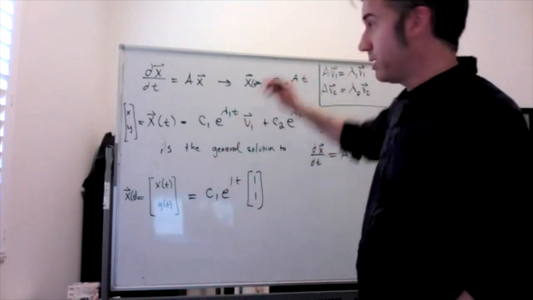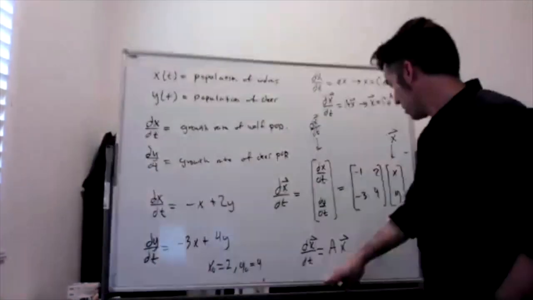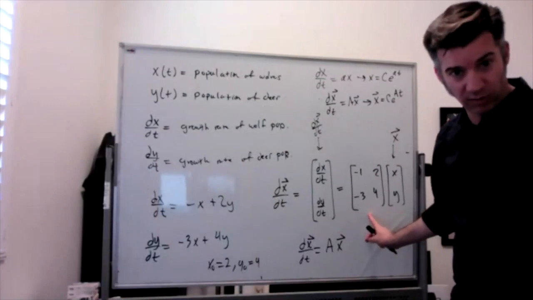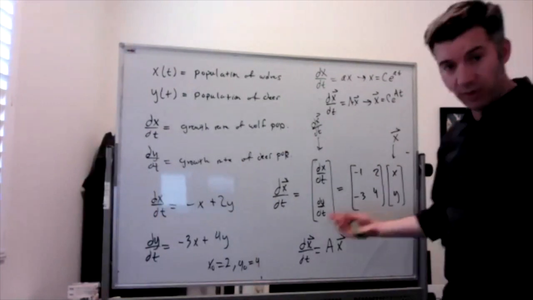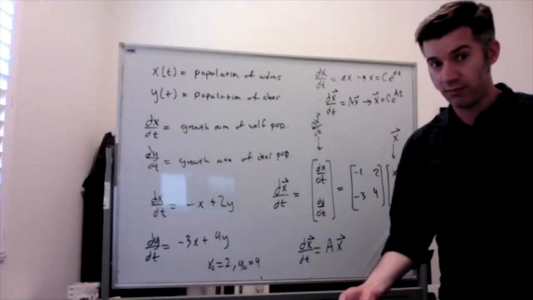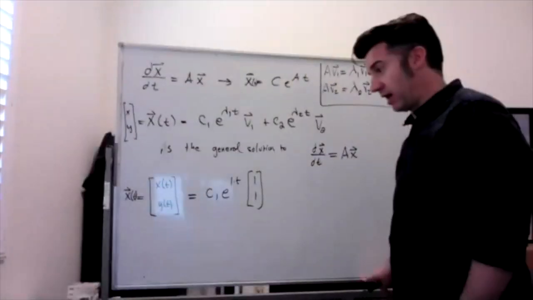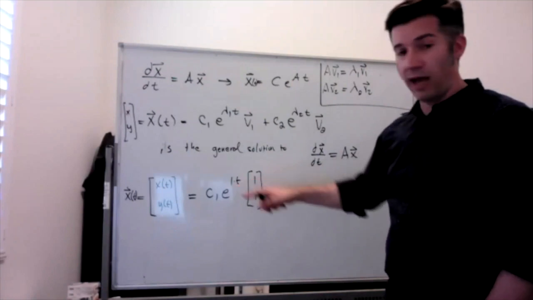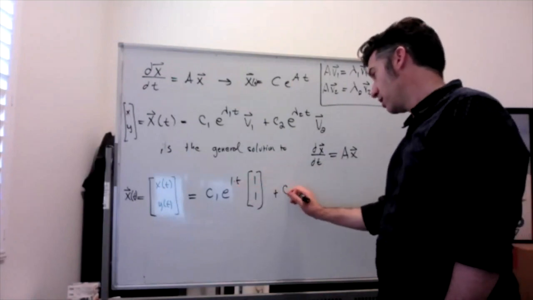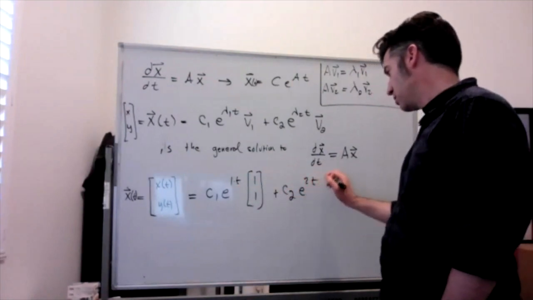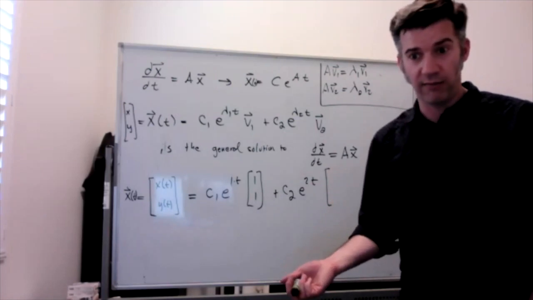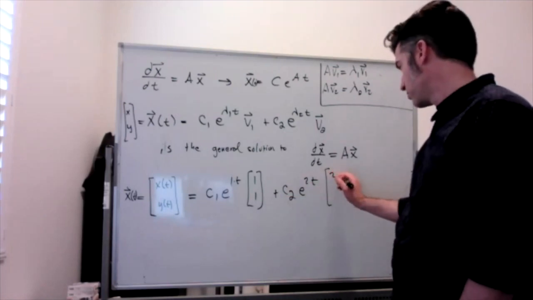I want to point out this matrix is the same matrix we started with today, and we already know the eigenvalues and eigenvectors for it. The eigenvalues were 1 and 2, and the corresponding eigenvectors were 1, 1 for the eigenvalue 1, and 2, 3 for the eigenvalue 2.